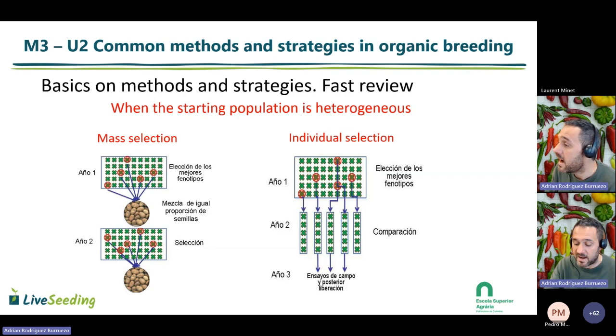And I compare. If the population is heterogeneous enough, maybe I can perform selection in year two within row because it is still heterogeneous. But usually selections are performed directly by rows, by offspring.